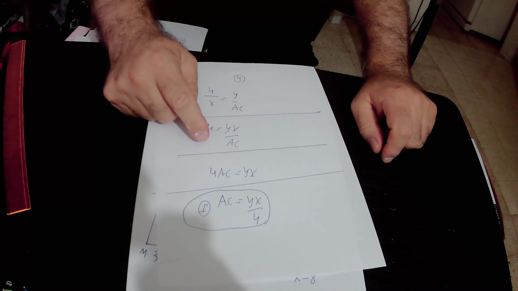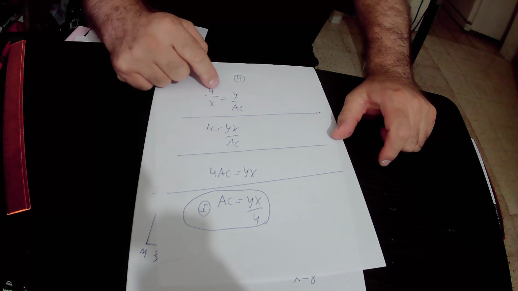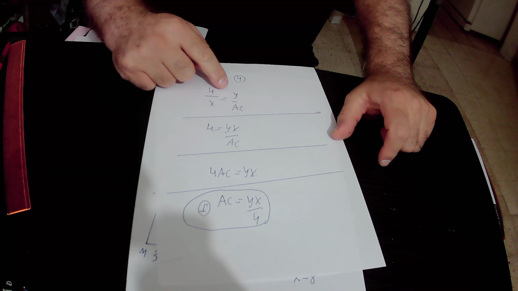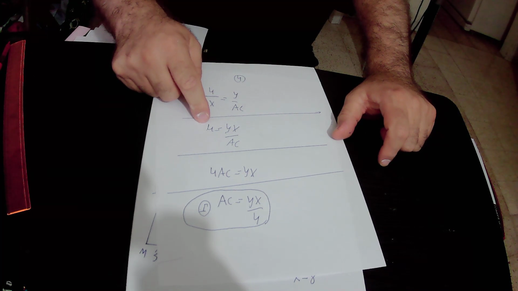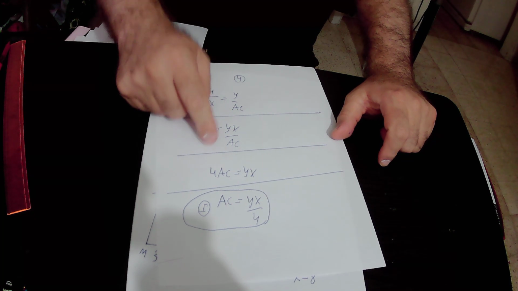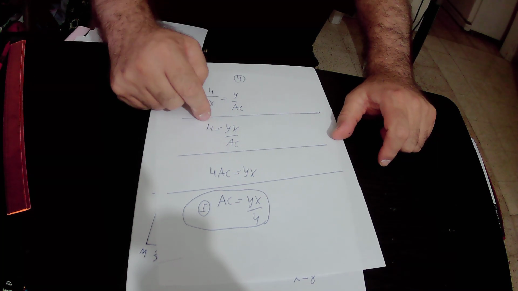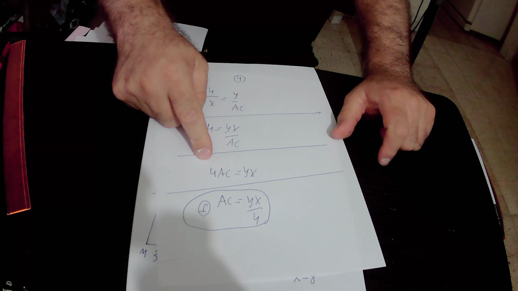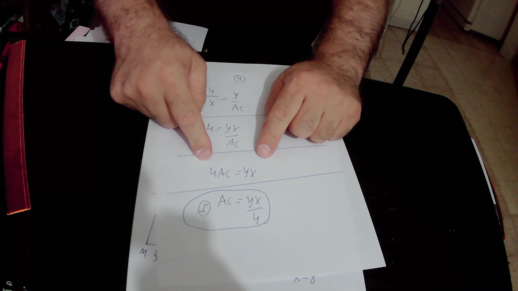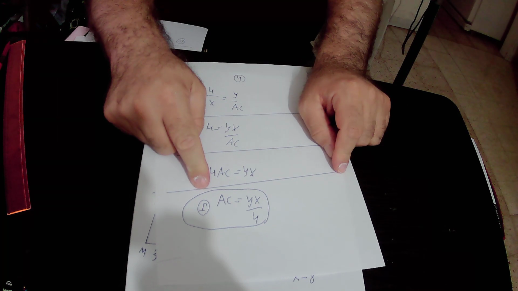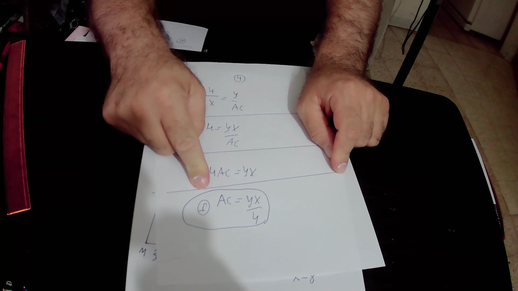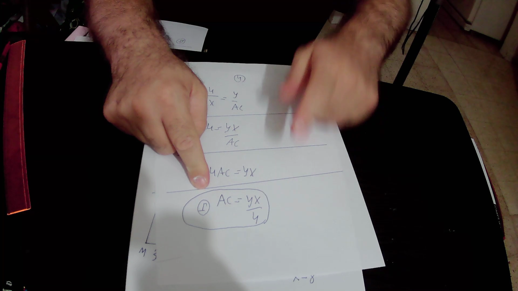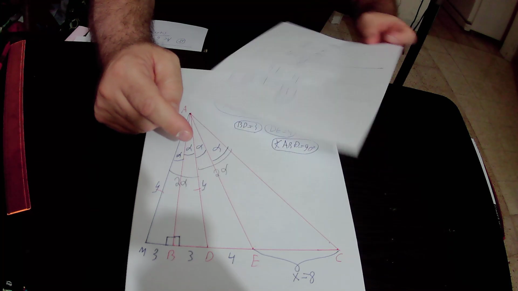Then we divide this equality by 4, and we get that AC, according to equation number 1, equals Y times X over 4. That is equation number 1.